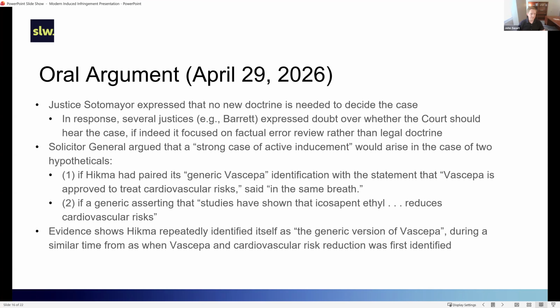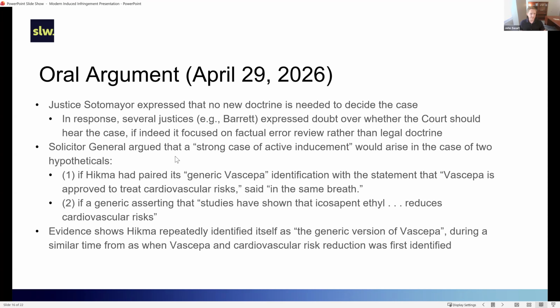And we at least saw one justice in the oral argument expressing that this is unnecessary, that they don't need to create any new doctrine. They kind of implied that they don't need to even correct the multiple decisions following GSK from the Federal Circuit to decide the case.